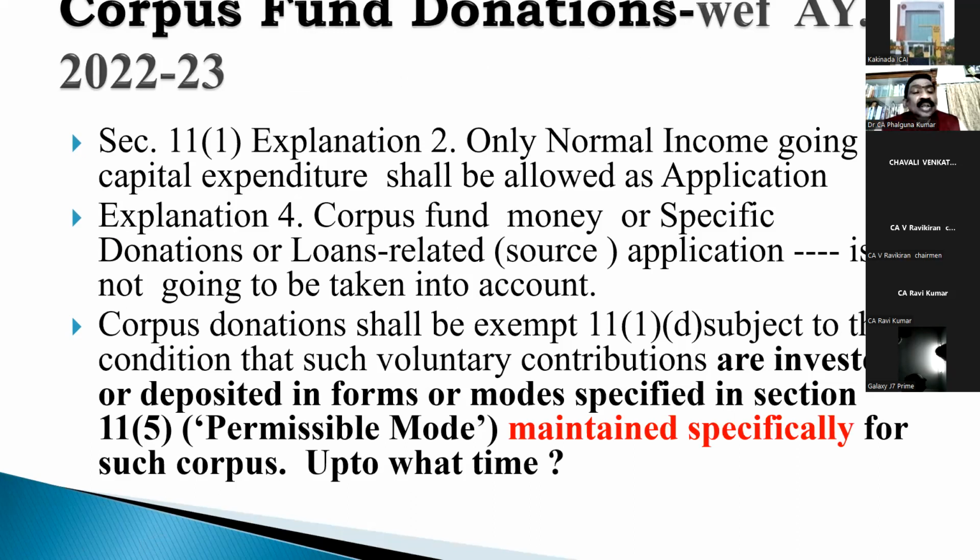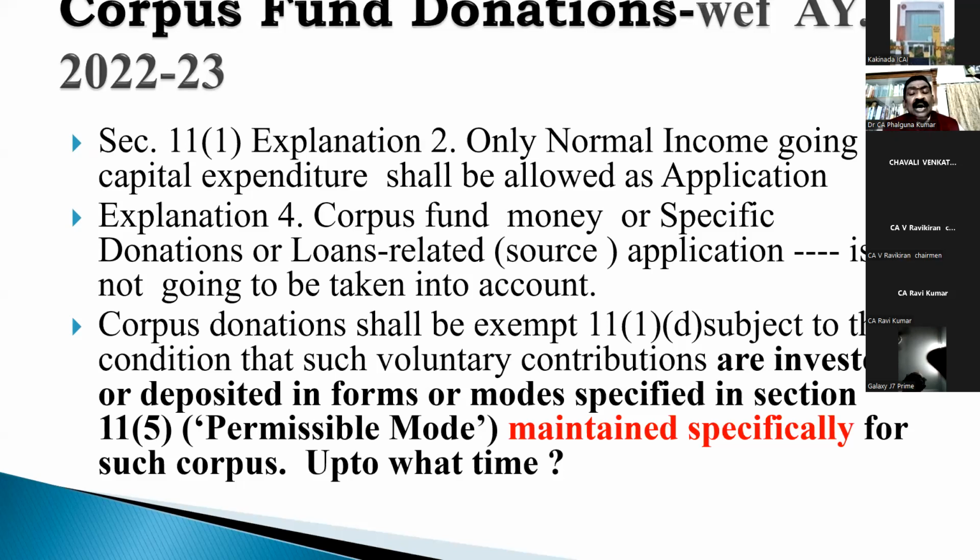See, earlier, people used to do reverse working from expenditure. What is that reverse working? If the expenditure is 85, that is the income they would show. All the remaining income, they would say, is corpus fund donations they have received and deposited in the bank. Now they have put a full stop, saying that section 11(1)(d), which gives blanket exemption for corpus fund donations or specific direction donations, is now conditional.